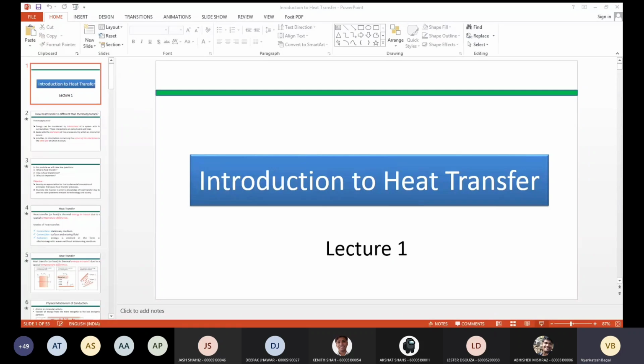Sir, we are not able to see the second slide. We are only able to see the first slide. I think your slide is broken. Oh, there is a time lag, I guess. So you can see this introduction slide, right? Yes, sir. Now, can you see my second slide? How heat transfer is different from thermodynamics? So we can just see the first slide. The problem is only with this software, Teams.